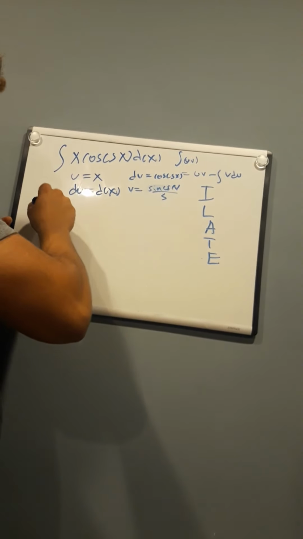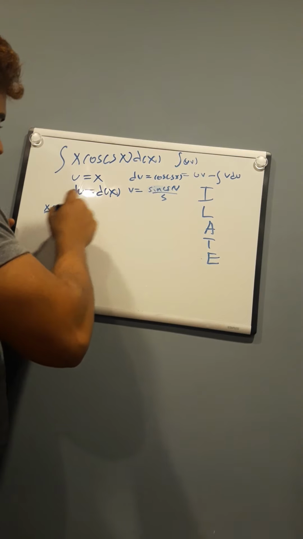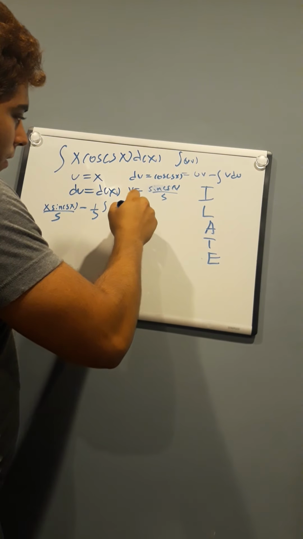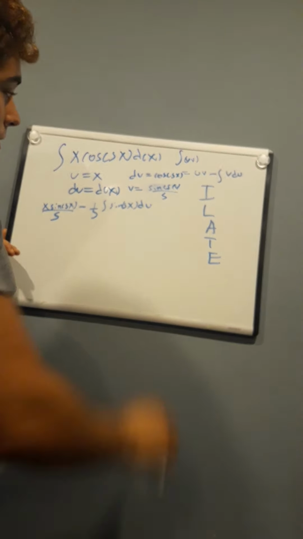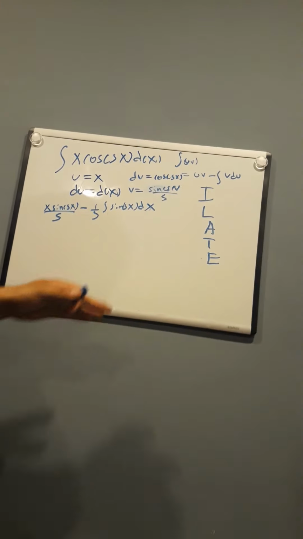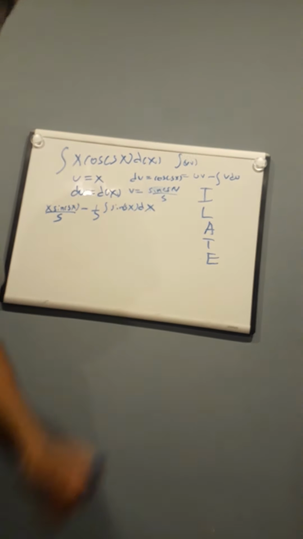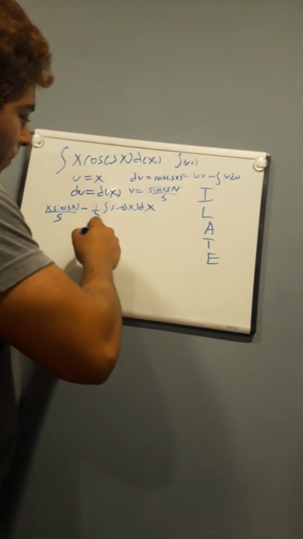So x sine 5x all over 5 minus 1/5, because you take that 5 outside, the integral of sine of 5x dx. So do that same integration that you did for the cosine earlier, but you apply it to sine.